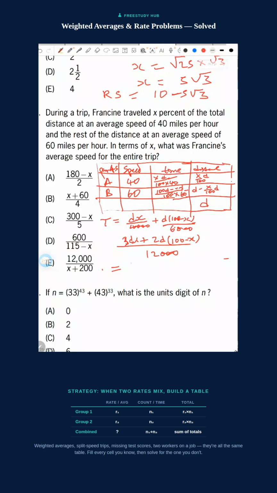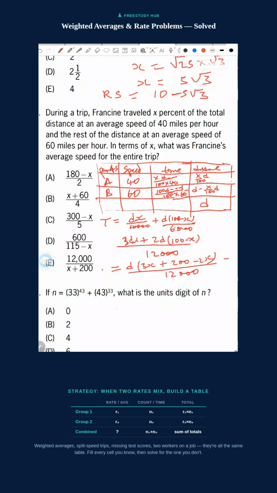D is common here, so take d out. Then here we're going to have 3s plus 2 times 100 is 200, 2 times minus s is minus 2s, over 12,000.